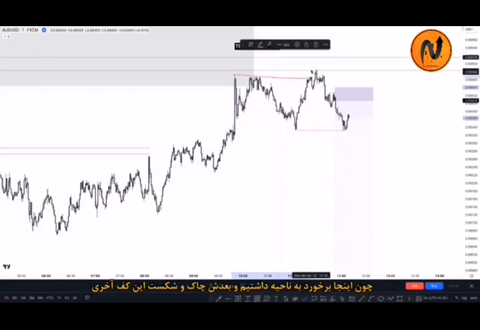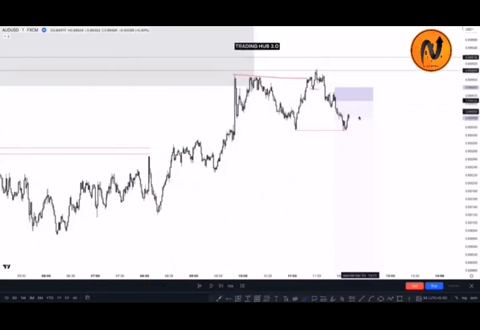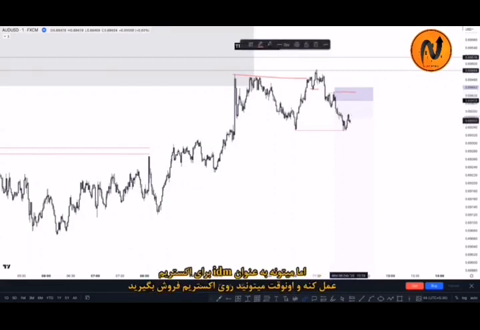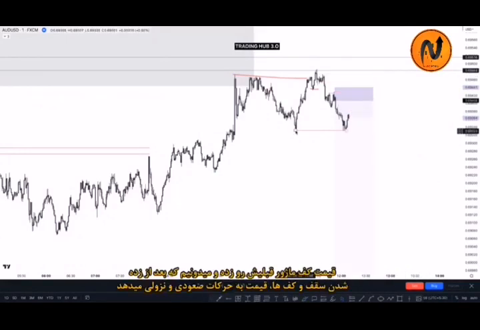This was a structure pushing downside, breaking this low, and it took out this inducement, went higher and then pushed downside like this. So you can also sell here, because the market took out the previous low.